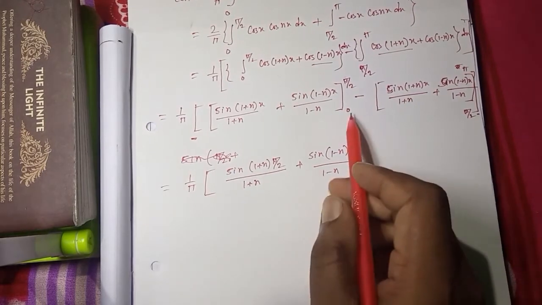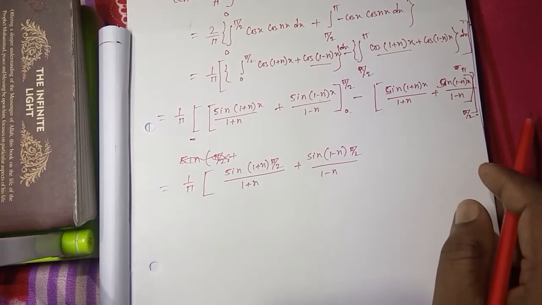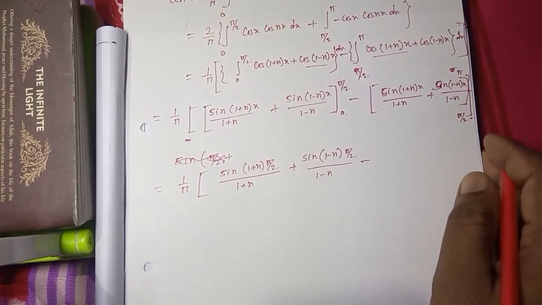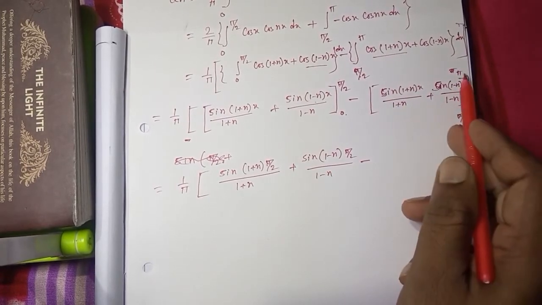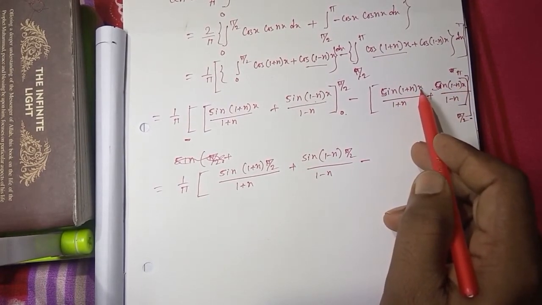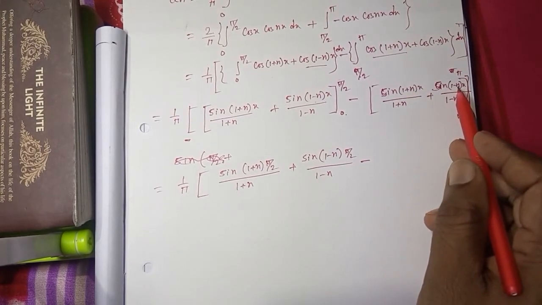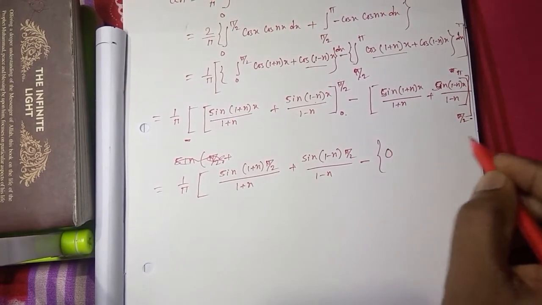And if we put lower limit 0 here, sine 0 is 0, there sine 0 is 0. And for pi by 2 to pi, if we put pi here, sine pi is 0, and this is sine pi, this is 0, therefore we get 0.